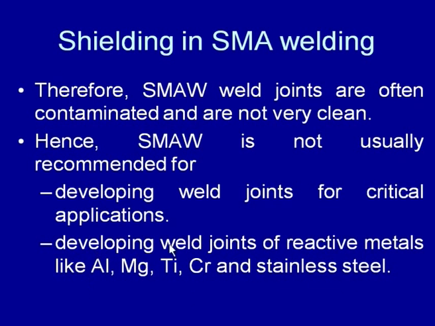So, all the metals which show high affinity to atmospheric gases are not normally recommended to be welded by the shielded metal arc welding process. However, for general purpose welding and less critical applications, the shielded metal arc welding process is commonly used.